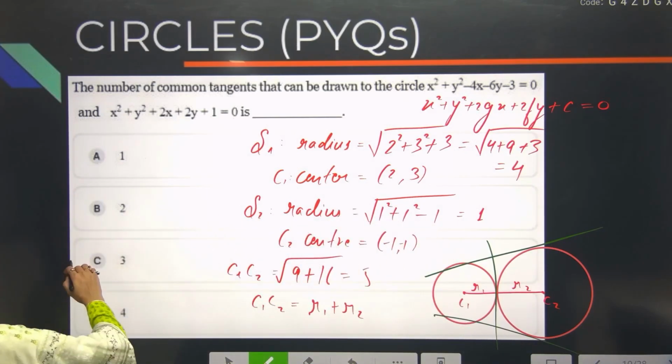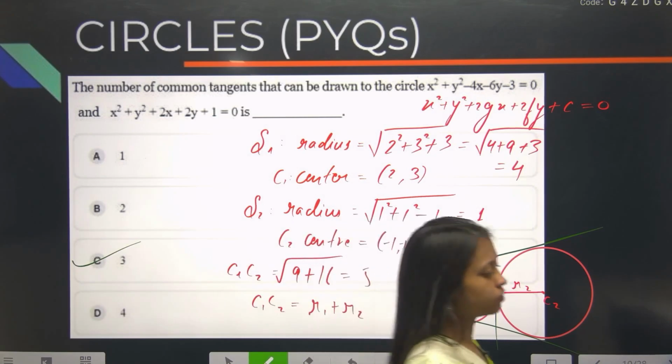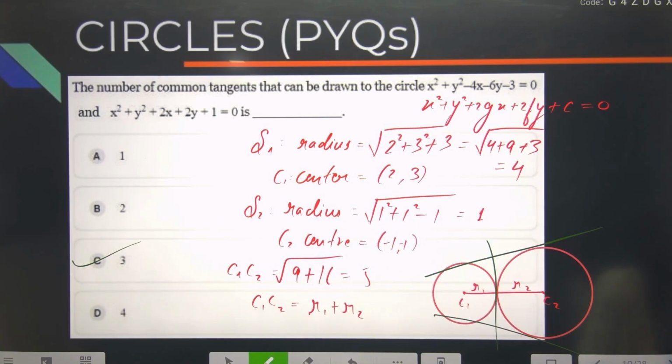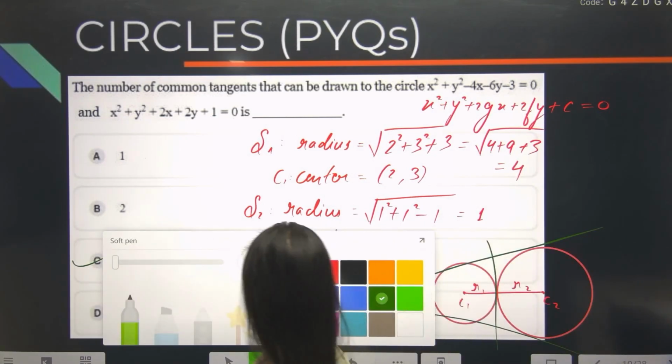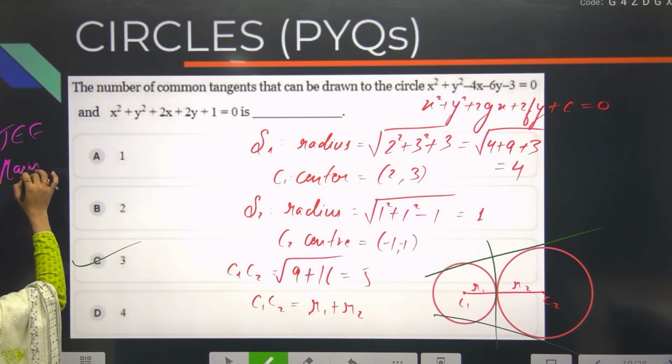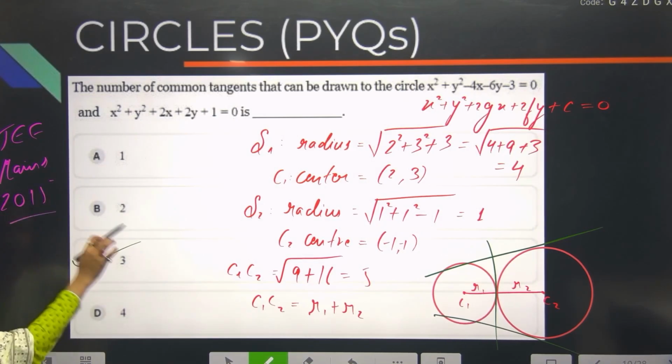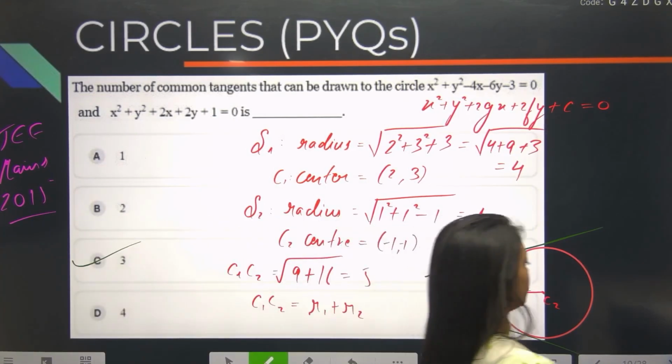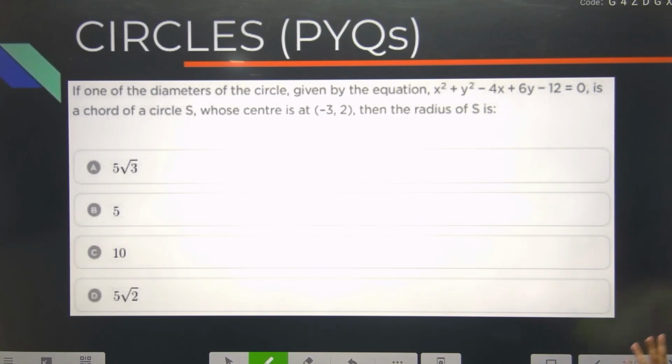The answer is 3. This was in JEE Mains 2015, the same kind of question, just some values changed. So the intersection of the circles is very important.